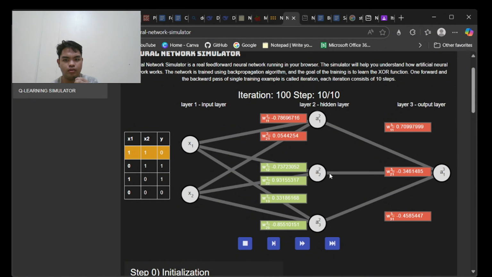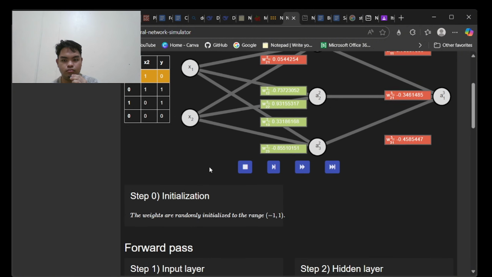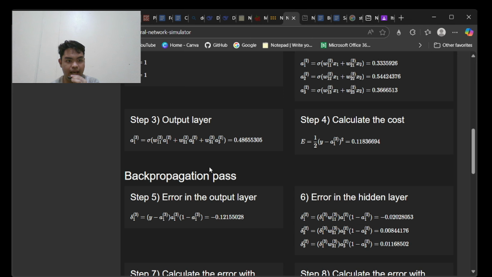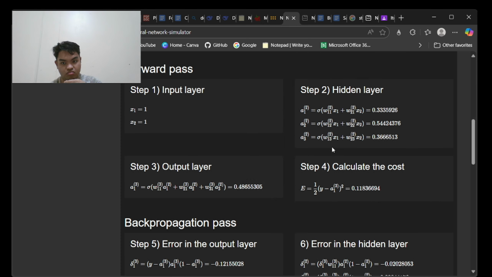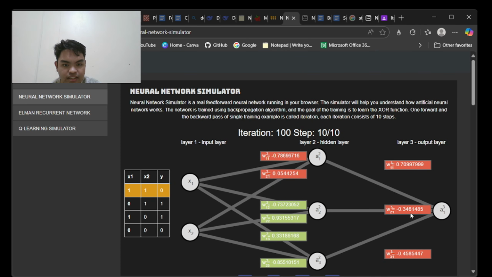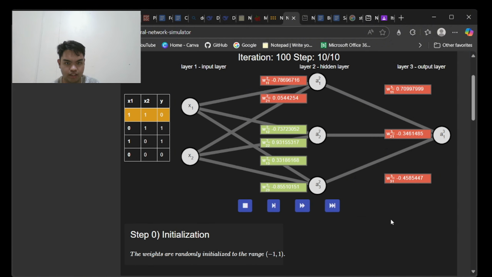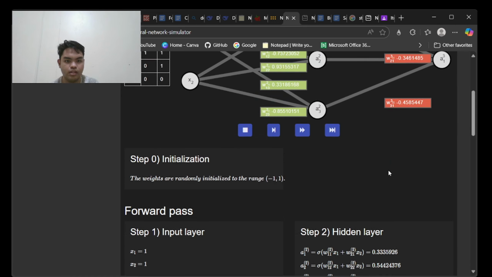Let me provide the answers for our three assignment questions. Answer one: which of the activation functions after an iteration from the calculation in iteration 100? The output calculation and activation is 0.48, with all of this being compared, that's the final answer.